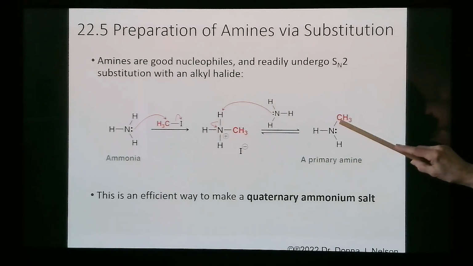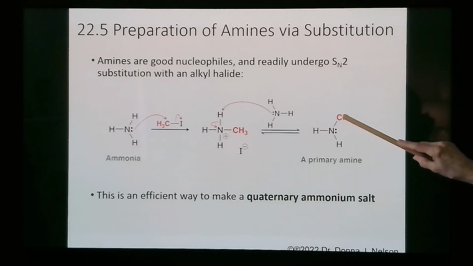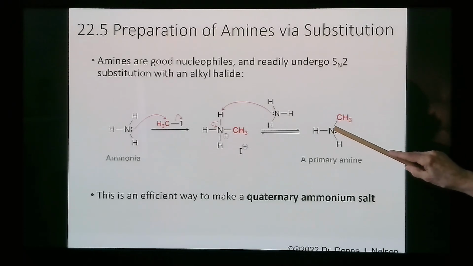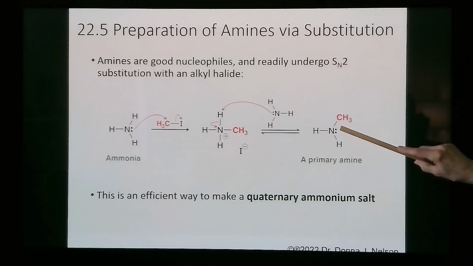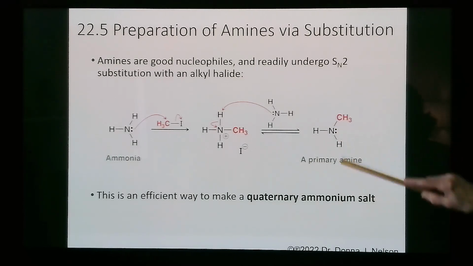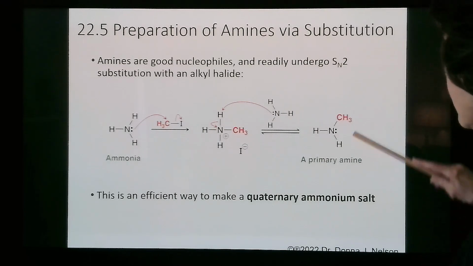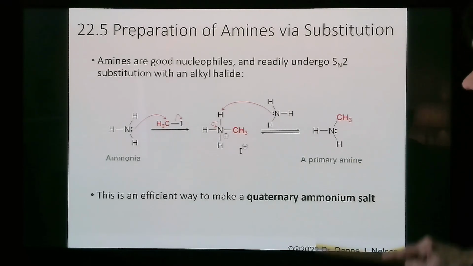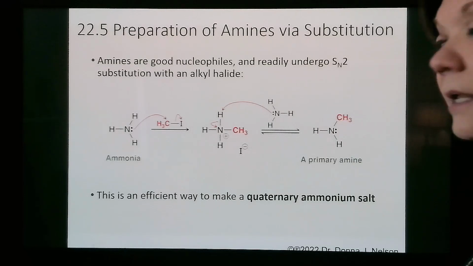Now, the problem in trying to use this to synthesize a primary amine is that the alkyl group attached to nitrogen here, the carbon will have electron density withdrawn by nitrogen, and that will make this lone pair even richer in electron density, because nitrogen is highly electronegative.